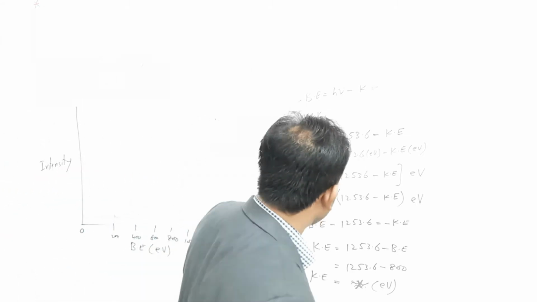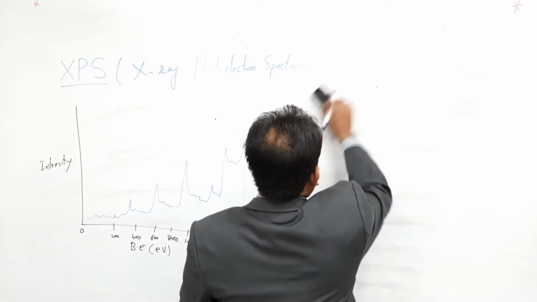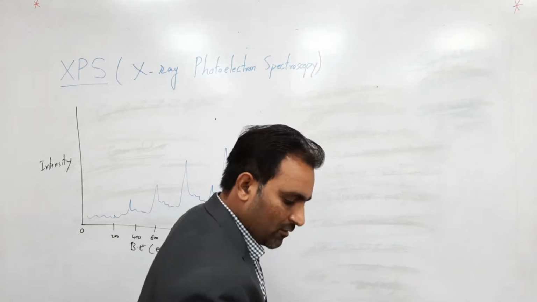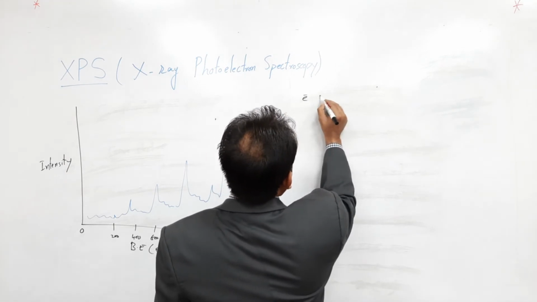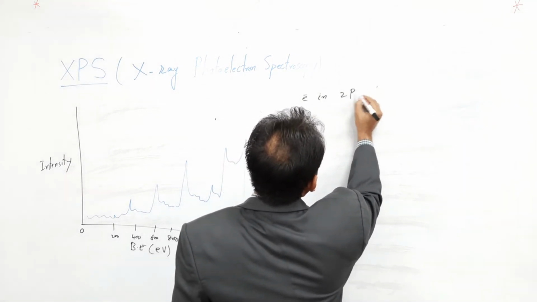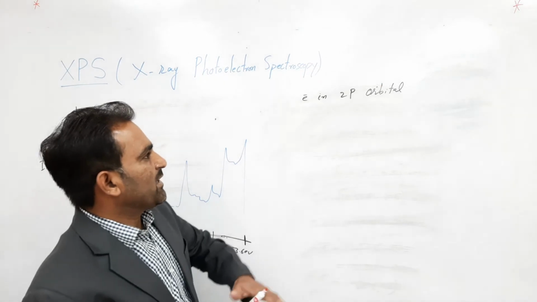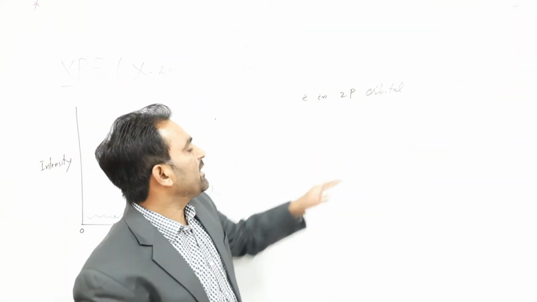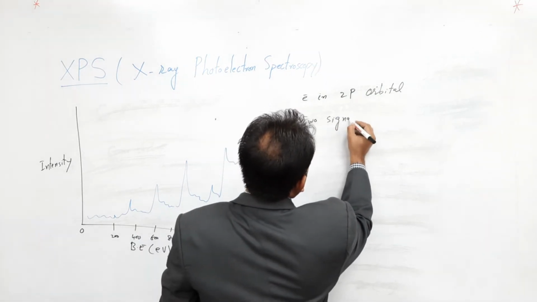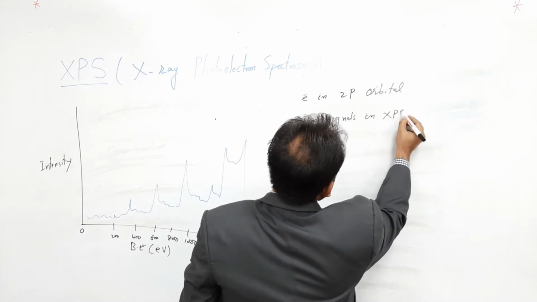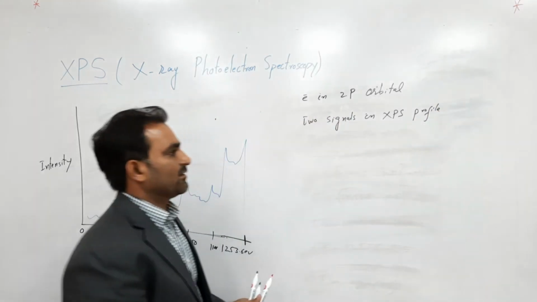If the electron is present in 2p orbital, it will give you two signals in the XPS profile.